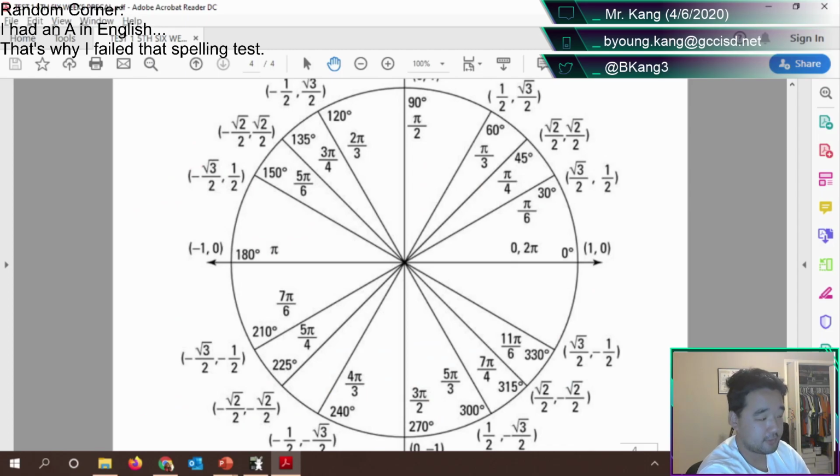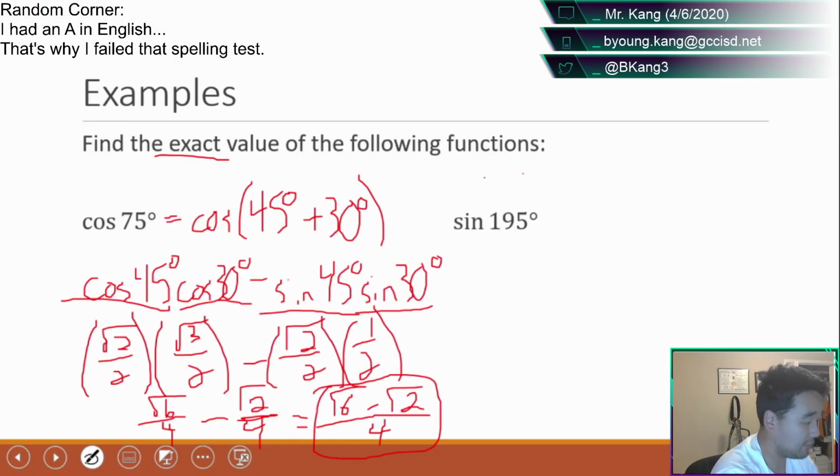Lots of options here, right? 135 plus 60, 150 plus 45, 225 minus 30. You decide. They are all going to give you the same answer. Let's subtract something in this problem, so we'll do 225 minus 30.